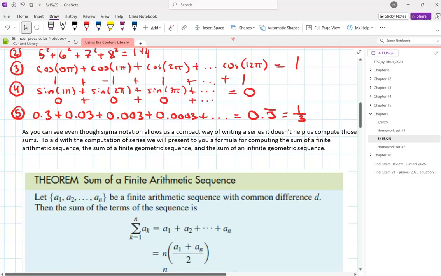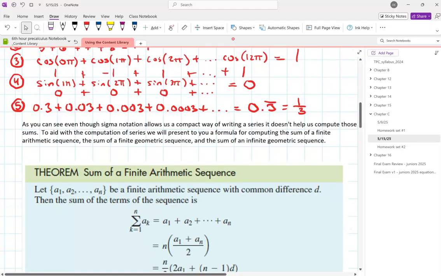So let's talk about finding these sums, because in practice, if there were like 100 of these things, I don't want to have to balloon that out into a sum and try to add it all together on my calculator. That's just really annoying. If we think back to the two sequences we studied last section, arithmetic and geometric, we can create a formula to find the finite sum for any arithmetic or geometric sequence.